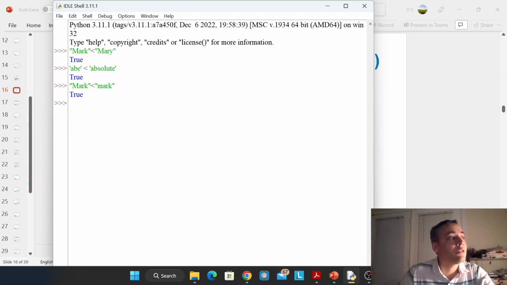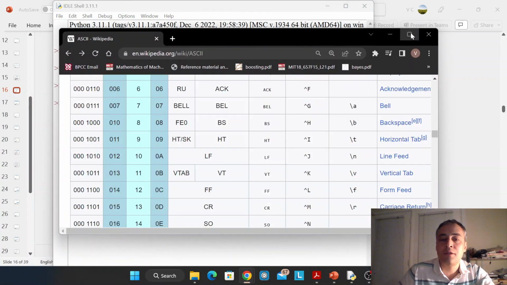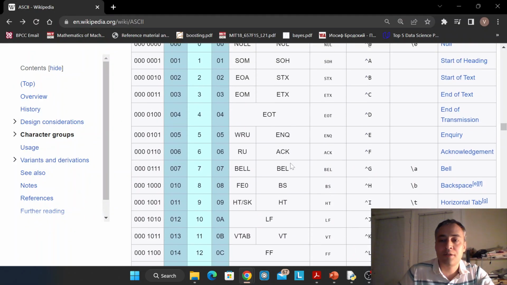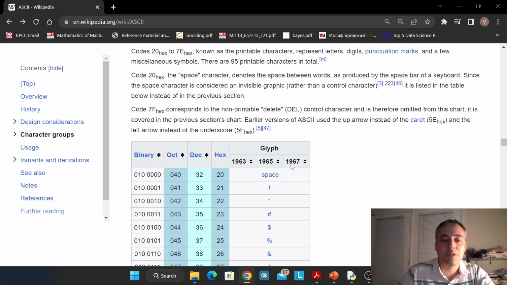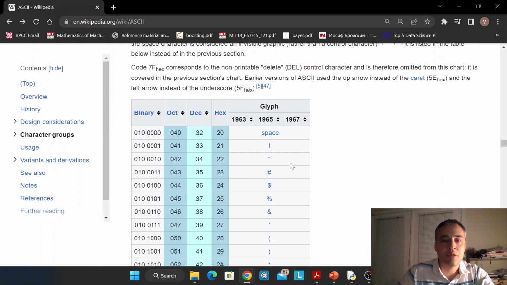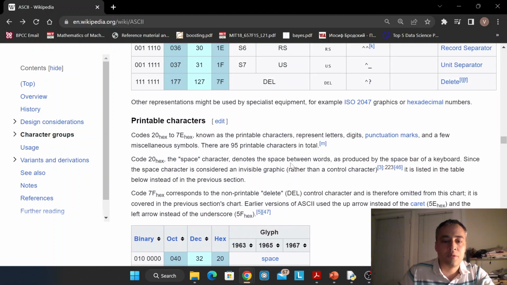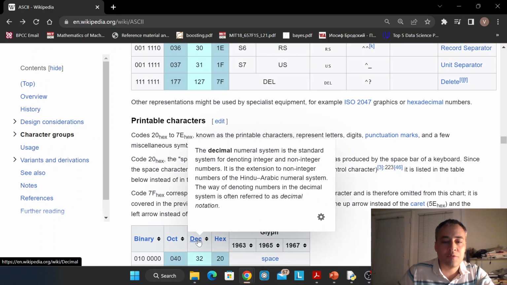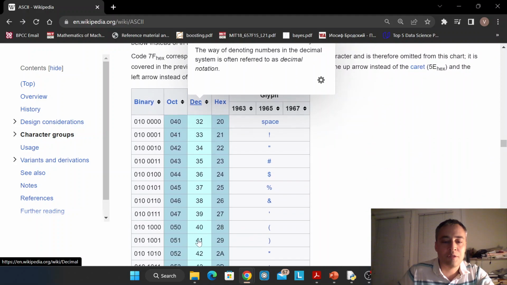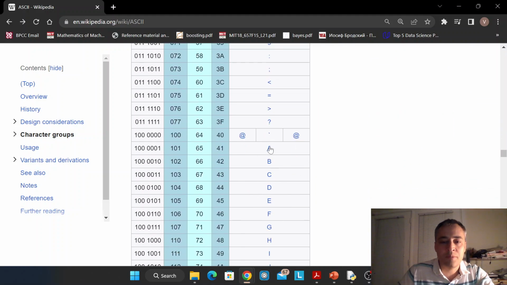But if you're a curious person, you can quickly Google the character codes and get these very, very intimidating tables in here. The one that we need is right here, so don't panic. Notice that decimal stands for the decimal numeric system. These are our normal numbers, but the symbols are in order.